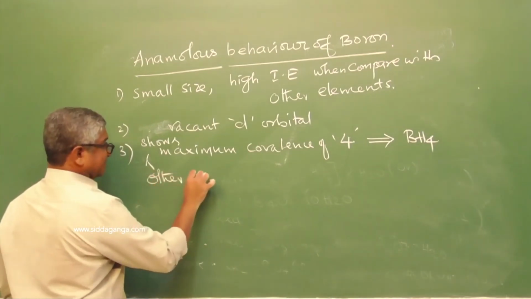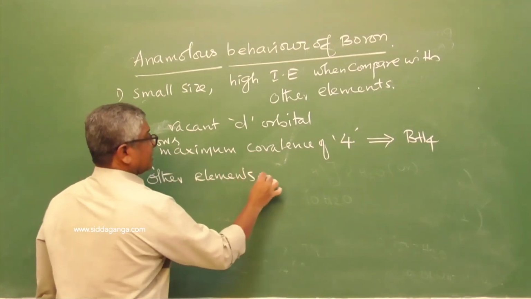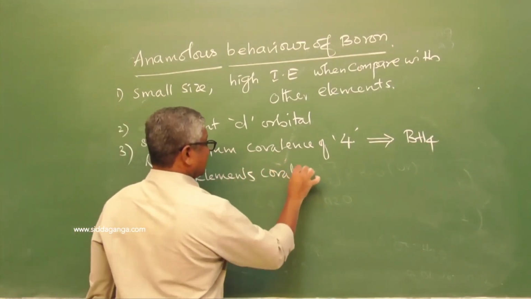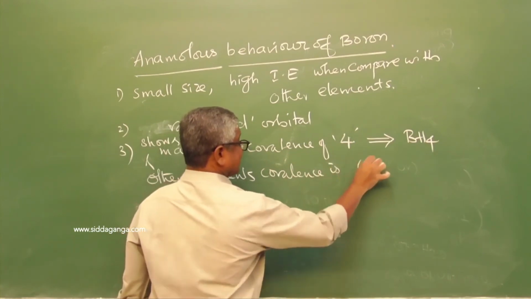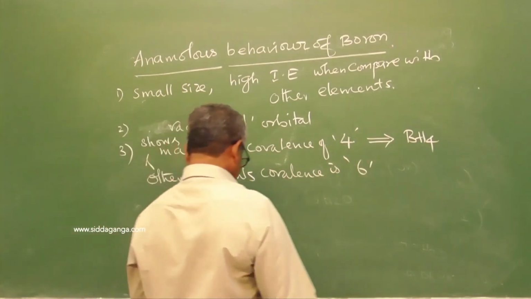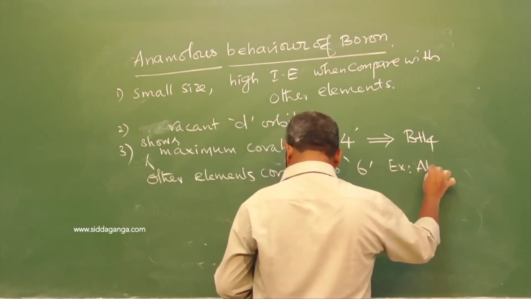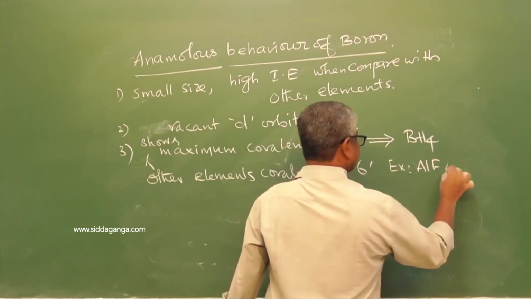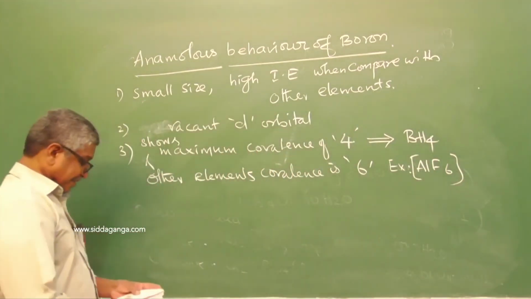Other elements show a covalency of 6, for example aluminium hexafluoride.